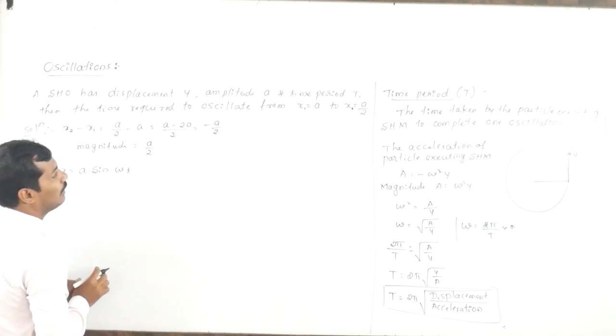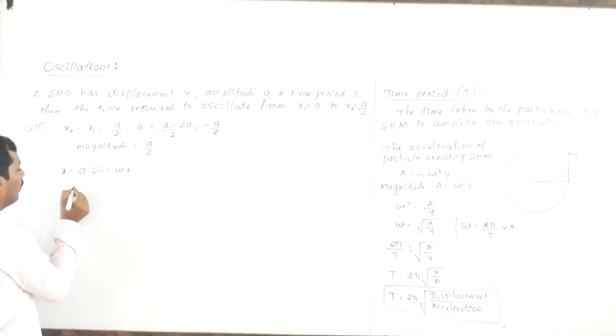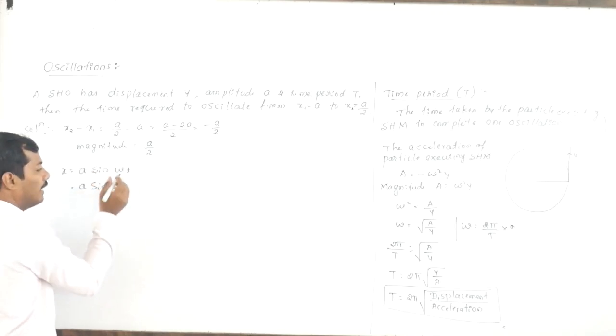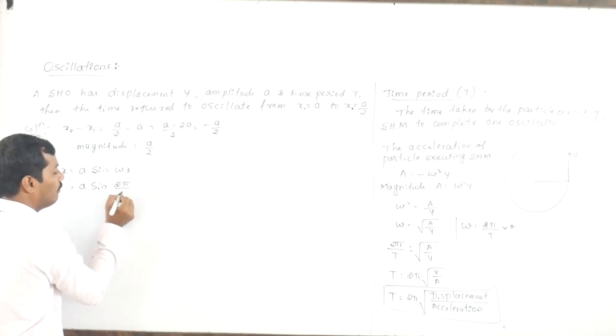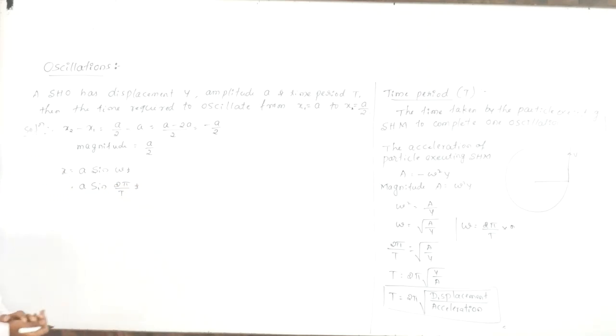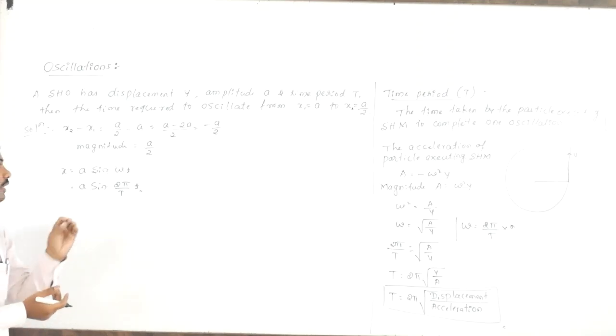Then the total time is T, and omega is 2 pi divided by T, times t. We have to find the time required, that is the small t.